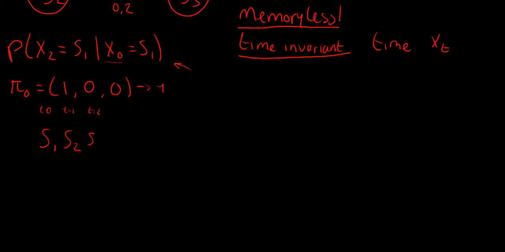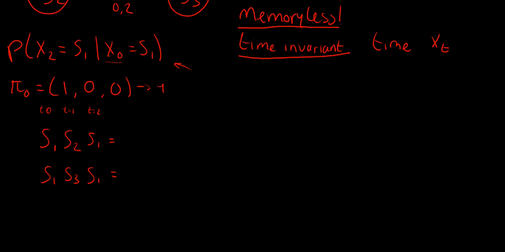We want to go back to state 1. Another combination is if we go from 1 to 3 to 1. And these are all combinations that are possible if we start in 1 and go back to 1 2 steps later.